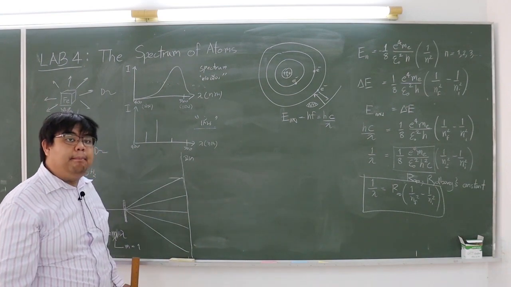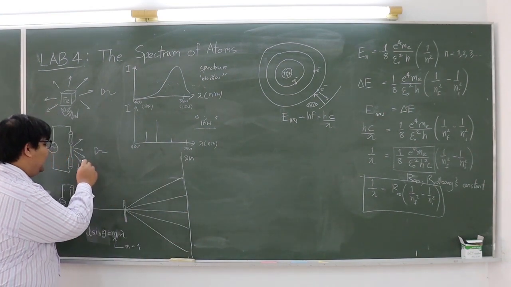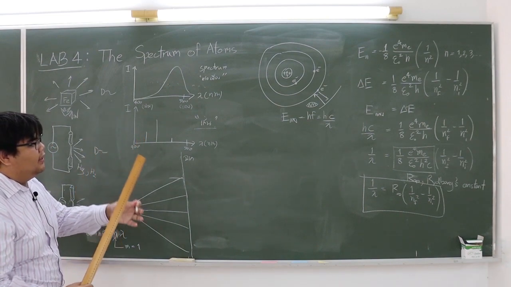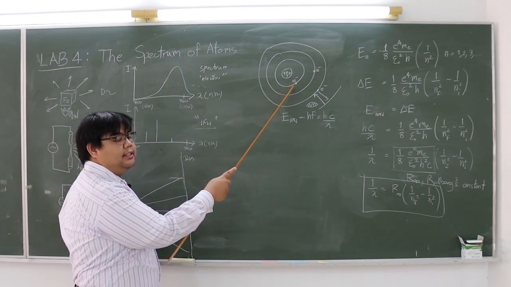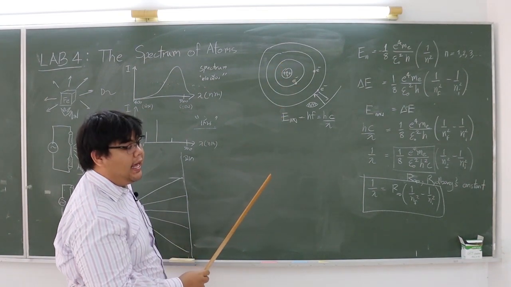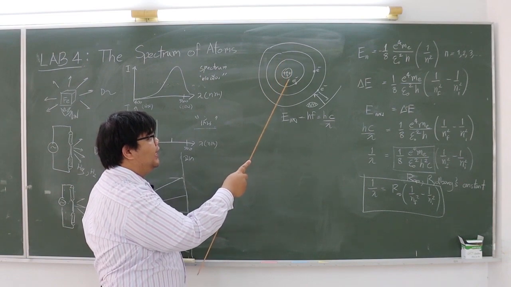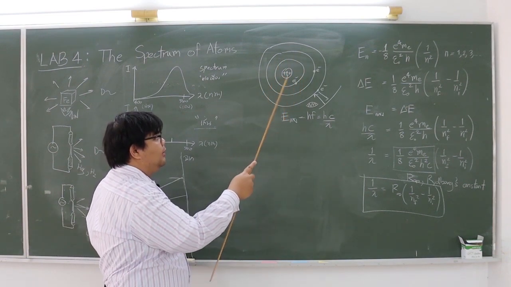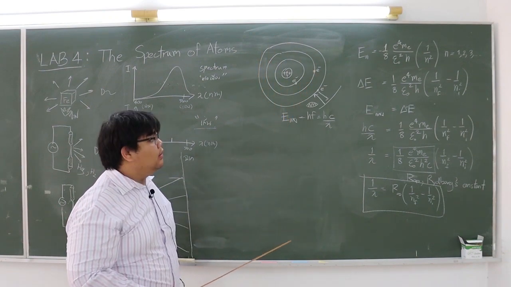The next question is why the atom emits spectrum like this? The answer to this question comes from the Bohr atomic model. Bohr told us that the atom has a positive charge, the nucleus, and electrons with negative charge move around on specific orbits.